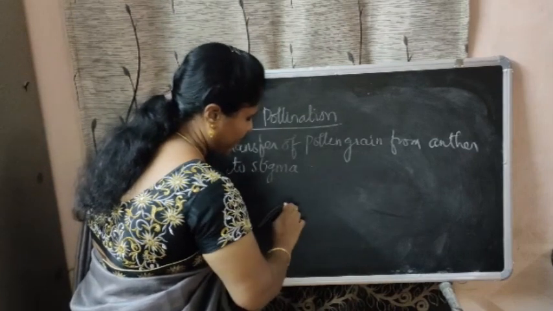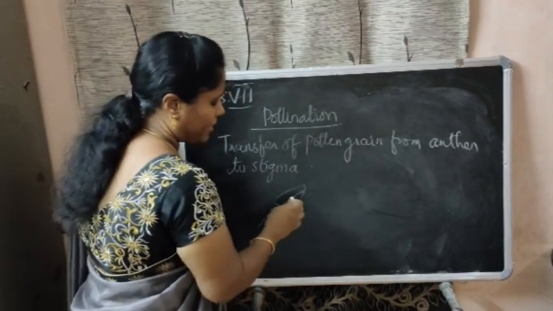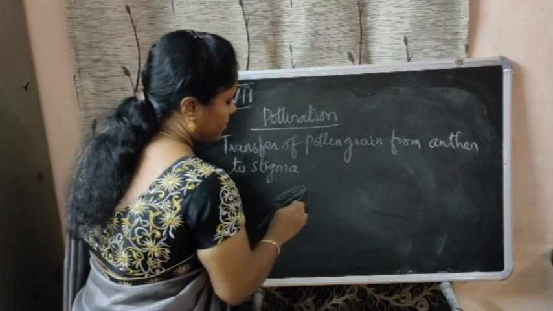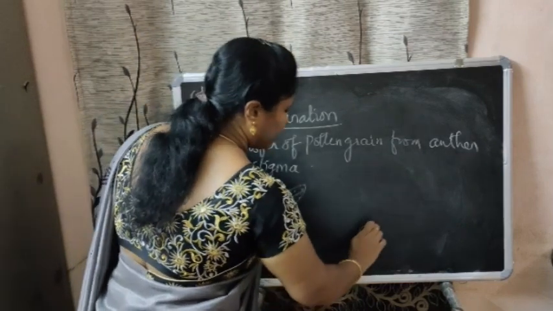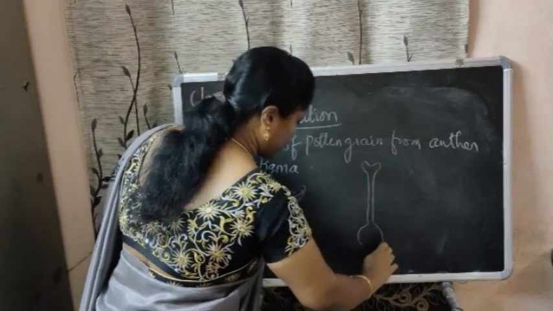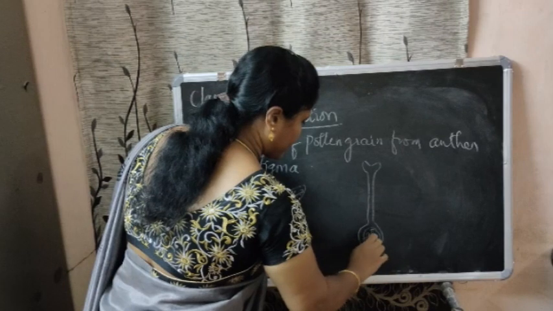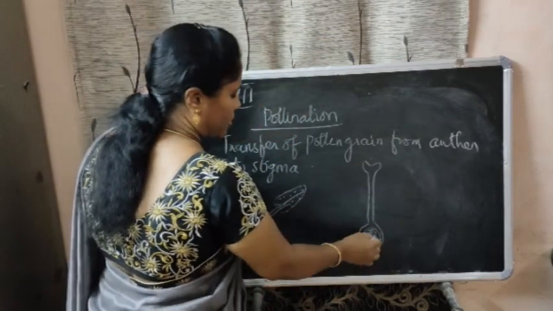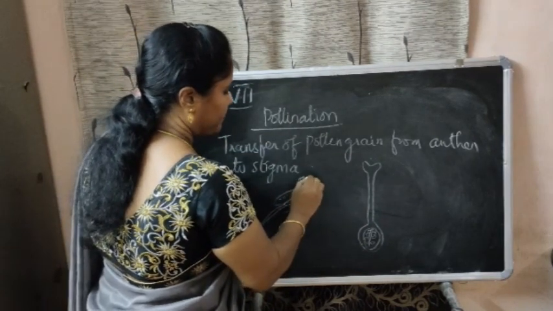So here you have the androecium, the filament and the anther. All the pollen grains are embedded in it. Here you have the ovary, style, stigma, ovules. So the pollen grains from here.